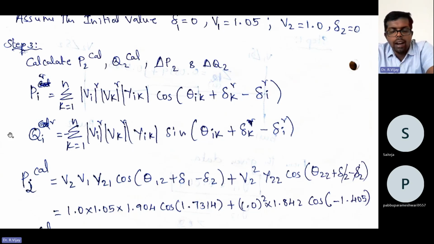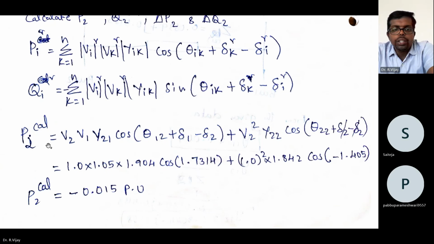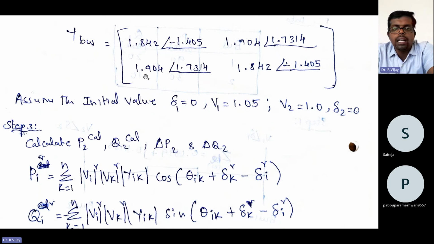So V2 square into Y22 cos of (theta 22 plus delta 2 minus delta 2), because k is equal to 2 and i is equal to 2. This gets cancelled.